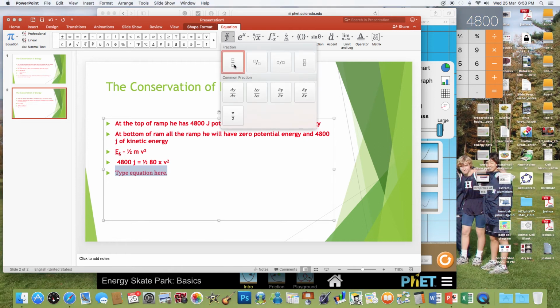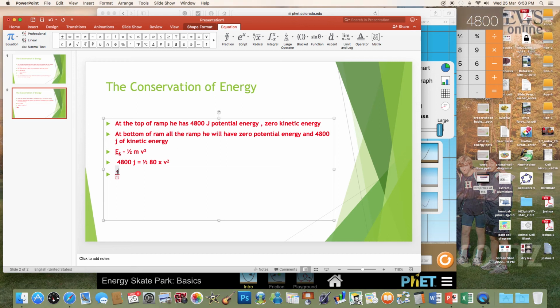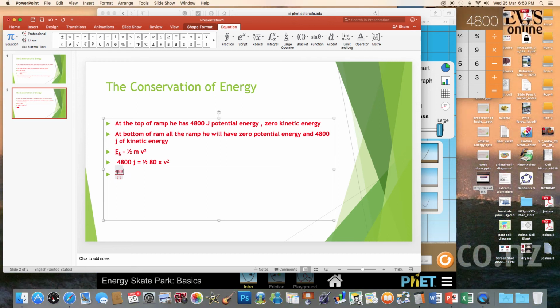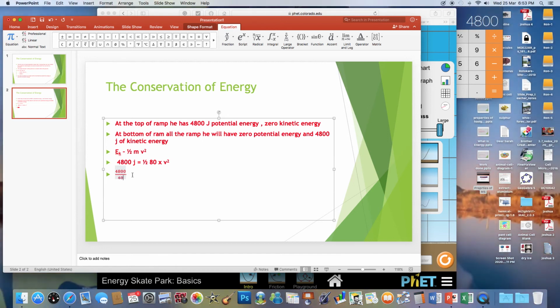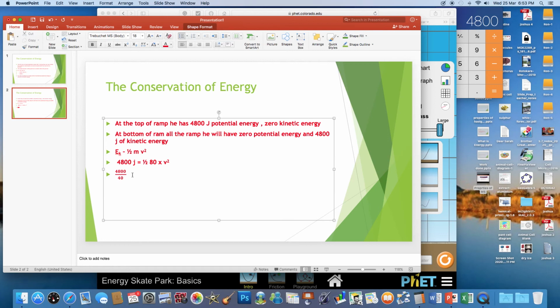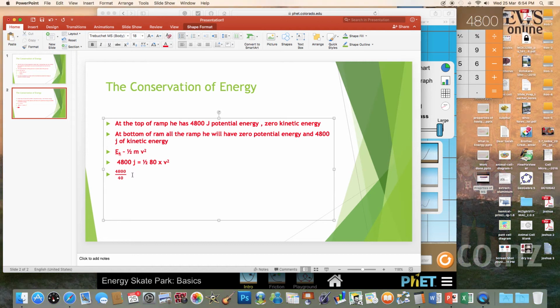So we can just put this in. So we're going to have 4,800 divided by 1/2 of 80, which would be 40. And we probably should be able to do that in our heads, actually, because you cut the zeros off. So it's going to be 120 equals v squared.